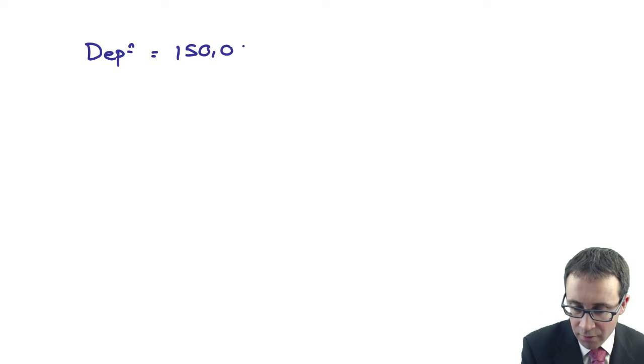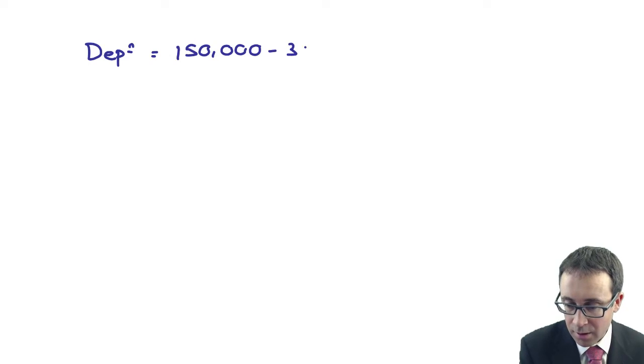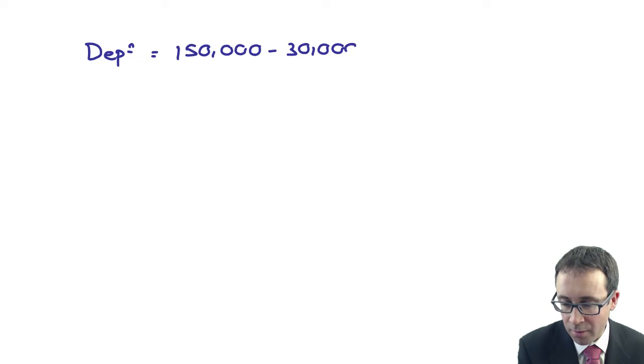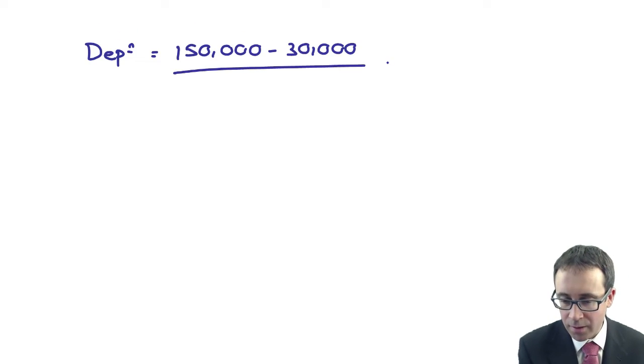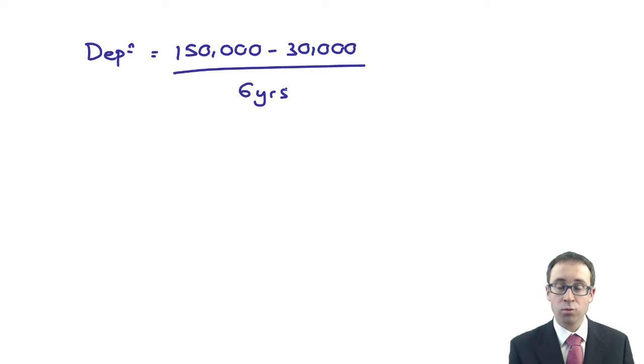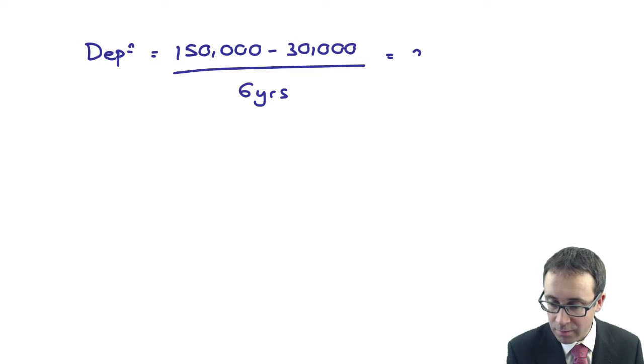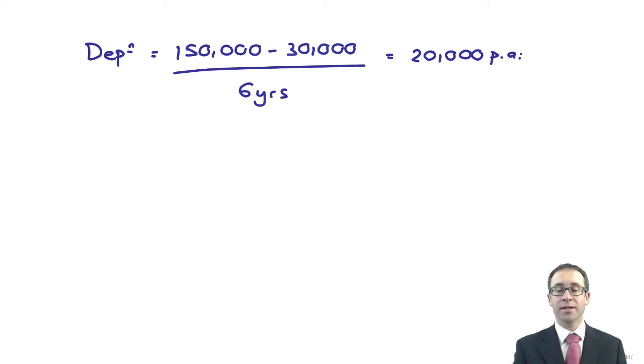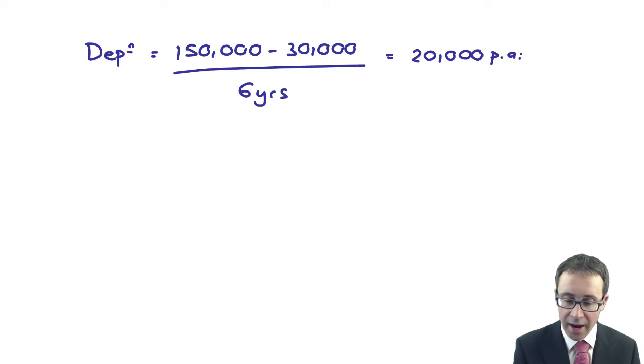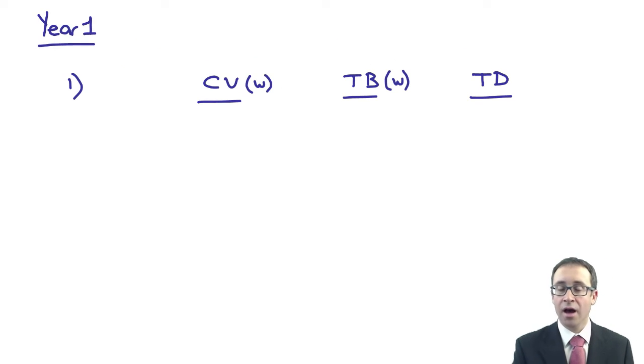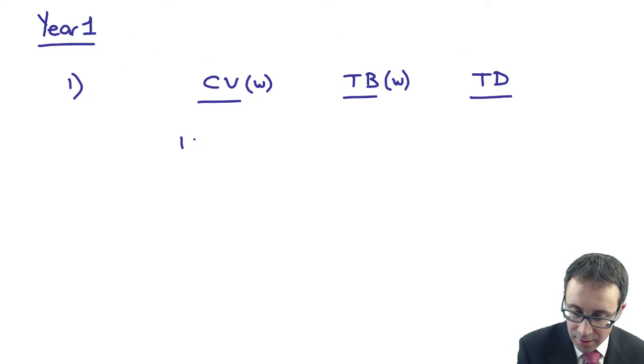It was a cost, was it, of 150,000. The residual value, I think, was 30, wasn't it? We divide that by the 6 years. So that's 120 divided by 6, gives me 20,000 per annum, isn't it? So if we're looking at the carrying value for the first year, that's 150 less the 20, is that 130,000, isn't it?